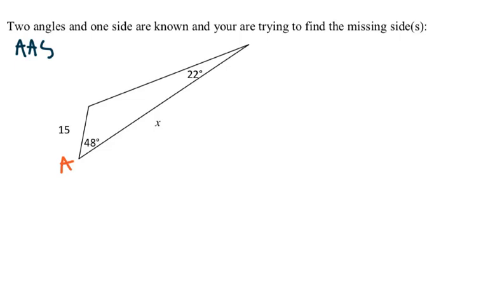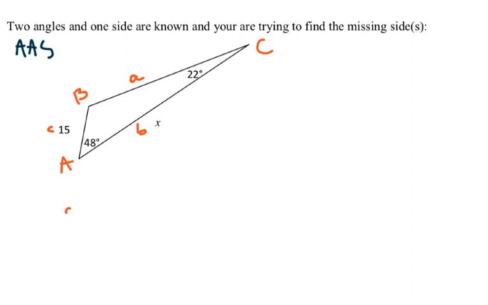So if I call this A, this is side A. If I call this B, this is then side B. And if I call this angle C, then this is side C. So we're looking for side B.